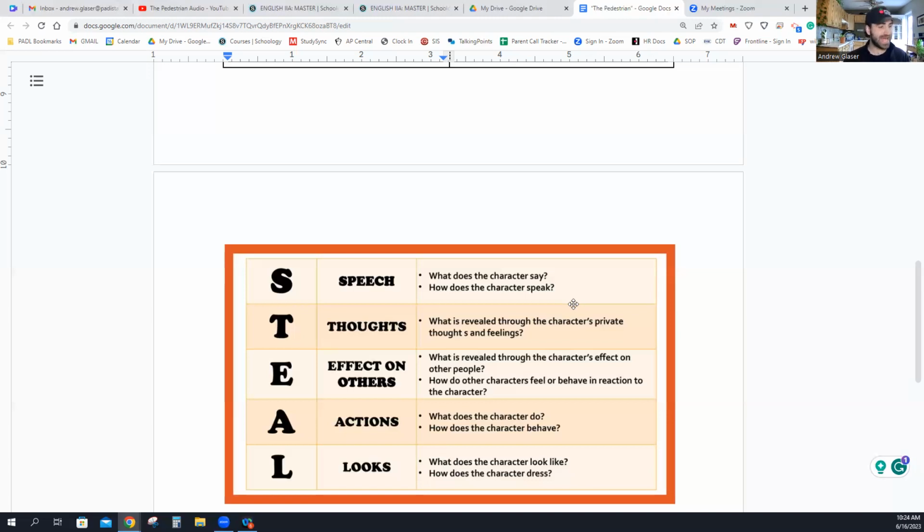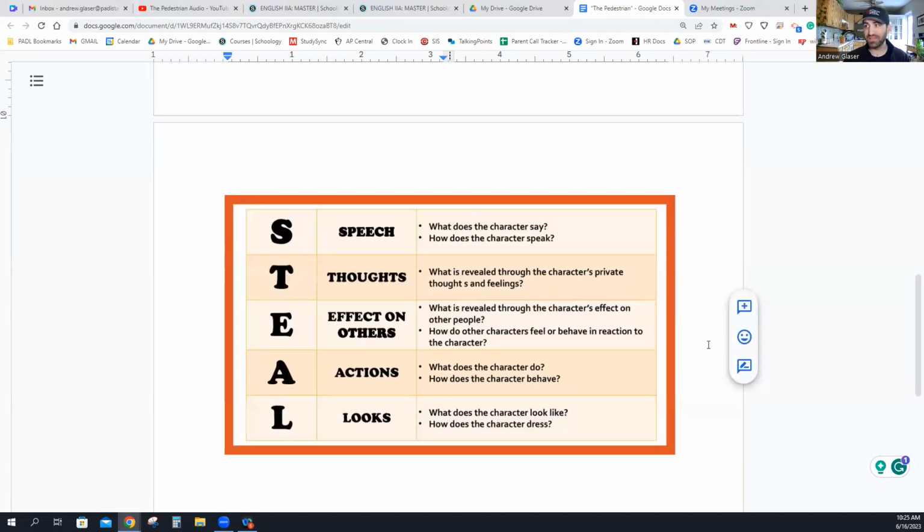The way people react to a character tells you something about that character, right? What is the effect this character has on other people? And once again, this is not going to be as important in this short story because there aren't many characters, but the interaction between Leonard Mead and the police officer can reveal something for sure.